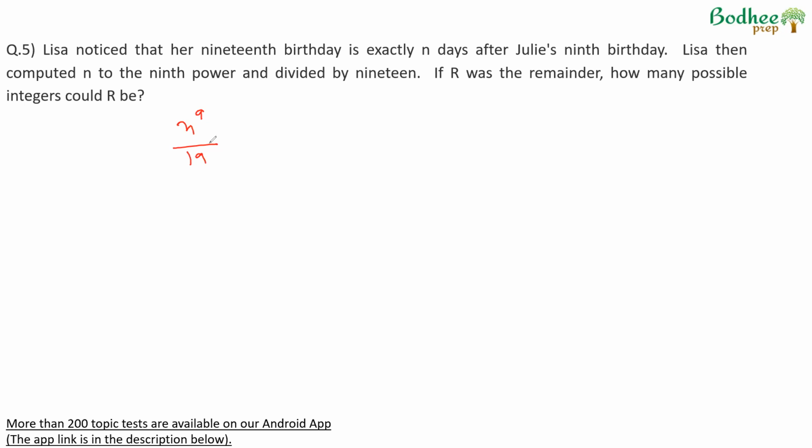N could be any number of days after Julie's 19th birthday. We'll have to put values from 1 to 8. 1 to 18 technically. Hmm.